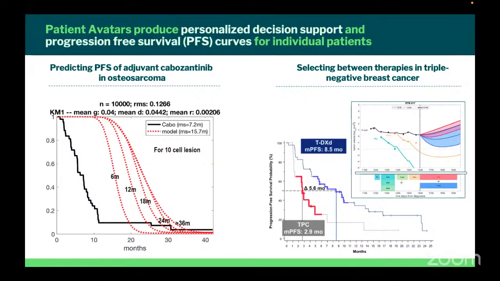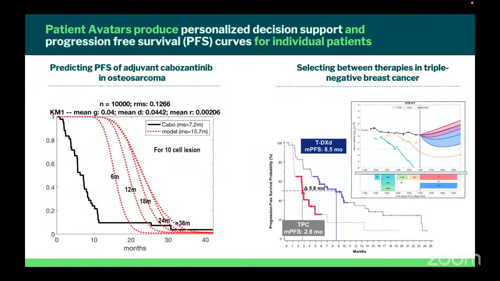But there had been one trial, which is shown in the black PFS curve there. The issue was the patient wanted to know, how long should they be on this therapy, given they had no visible or measurable disease. And in this trial, everyone had non-resectable disease, and so widespread visible metastatic burden. And you could see that those patients essentially were on the cabozantinib for under 6 months on average.